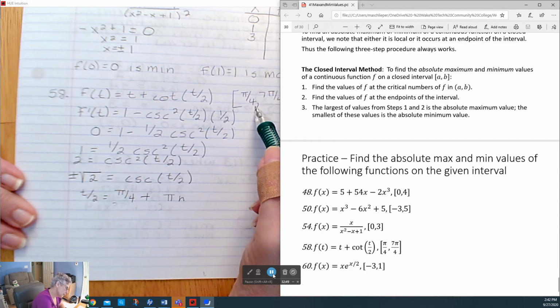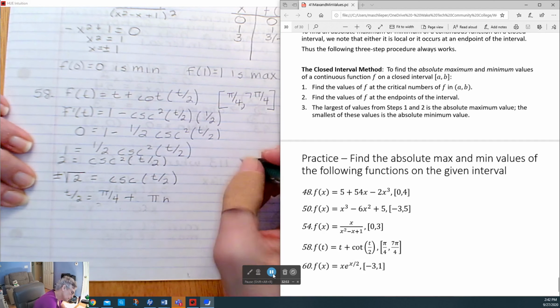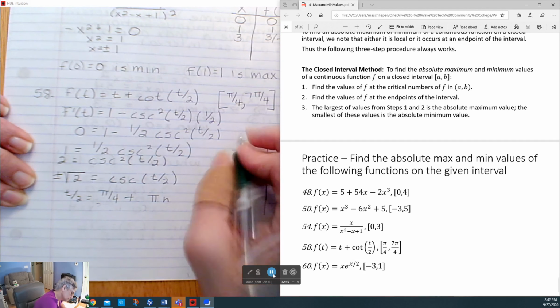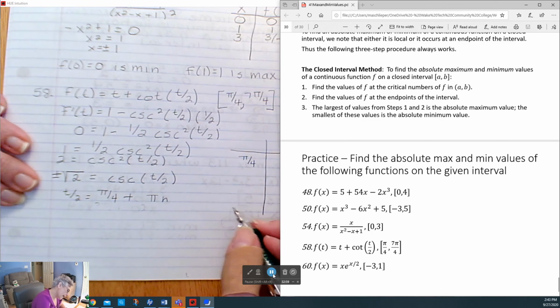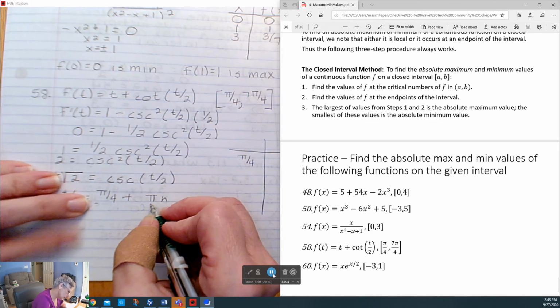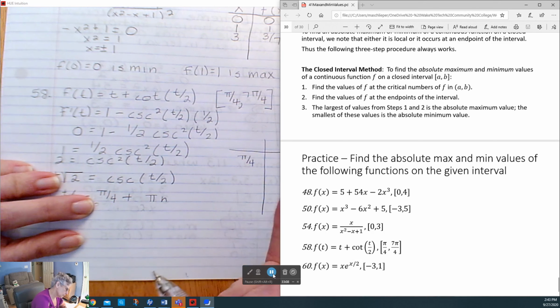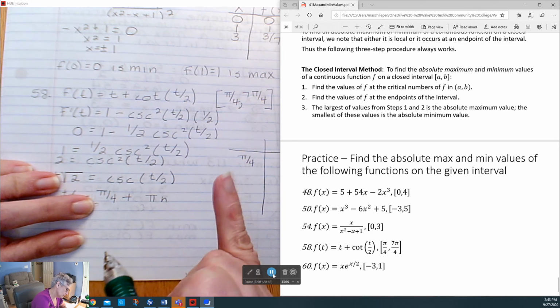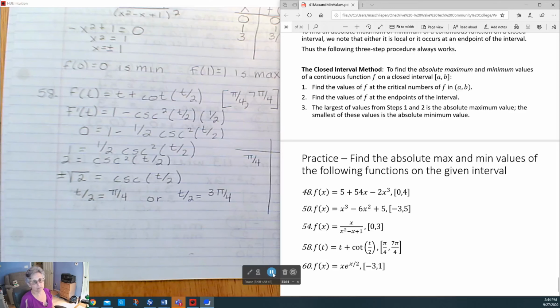So pi over 4 is an endpoint. We're going to be looking at that one already. If I add pi to that, I get... about that over 2 part. I had to go back and fix it.